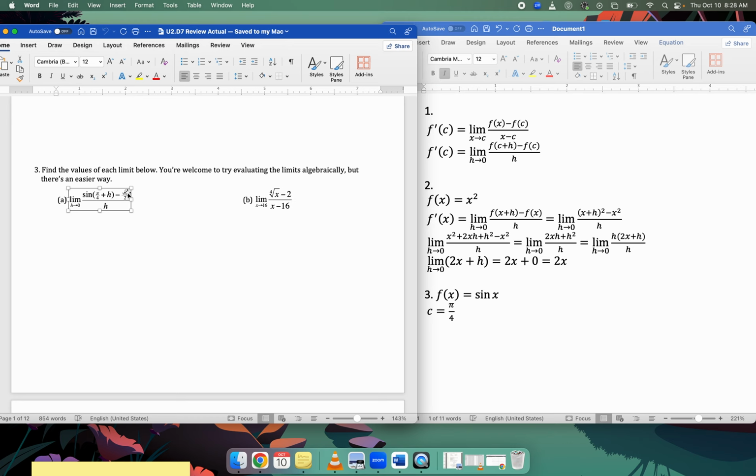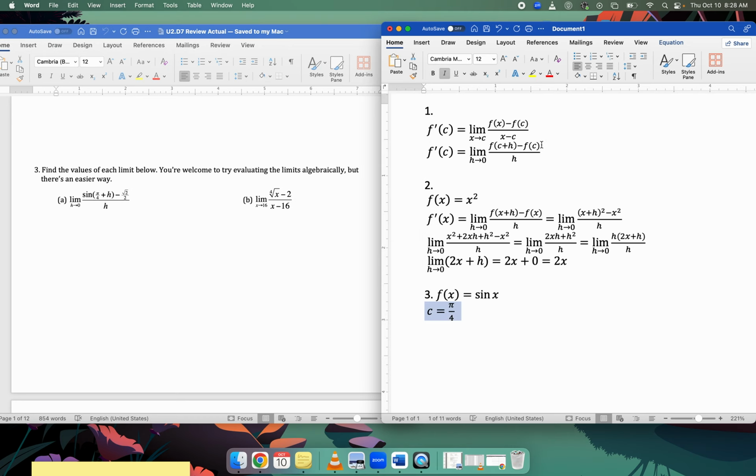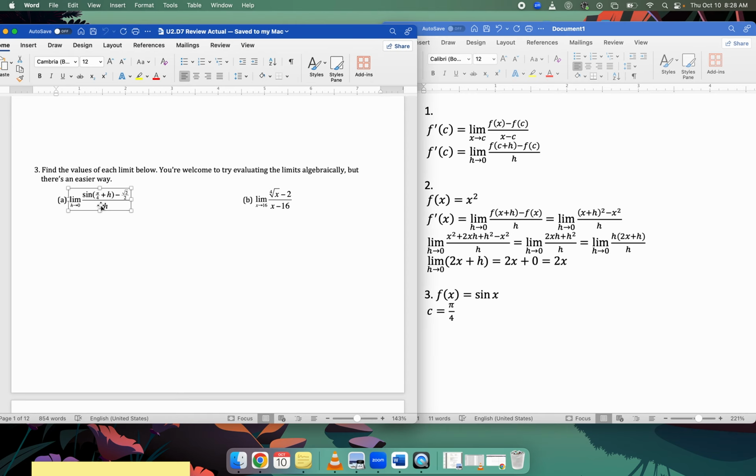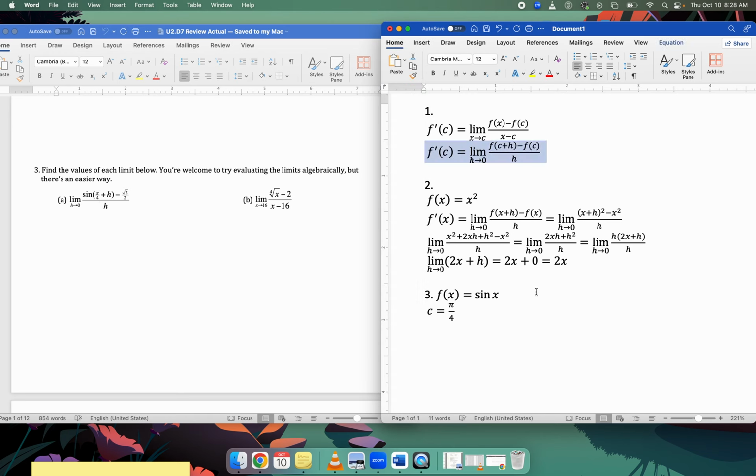You might wonder, what's the root 2 over 2? Well, that's exactly f of c, that's sine of pi over 4. That's root 2 over 2. So it matches perfectly. Once you recognize that this expression is just this formula applied to this function at this point, it represents the derivative of sine of x at pi over 4.